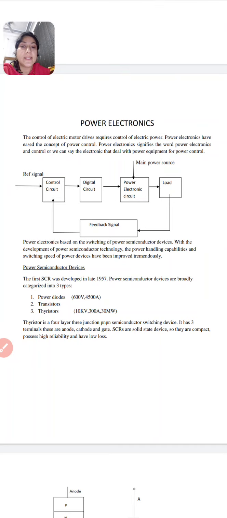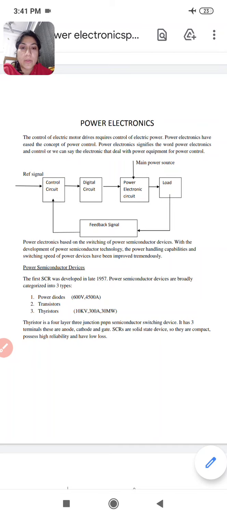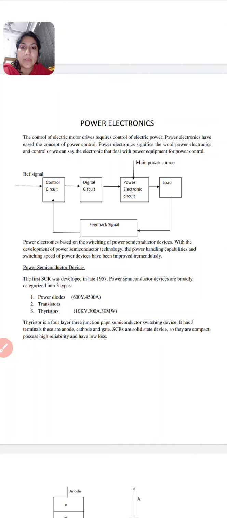Next we have the power electronic circuitry. It is made up of power electronic components, which we will talk about later on. They will be connected to the main power supply, because our power electronic circuit will operate at a high power level. On the left side we have two blocks, the control circuit and the digital circuit.